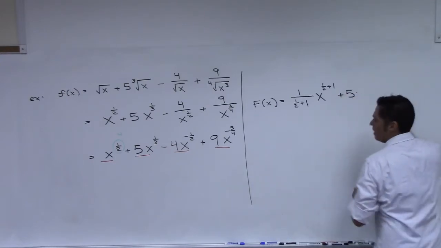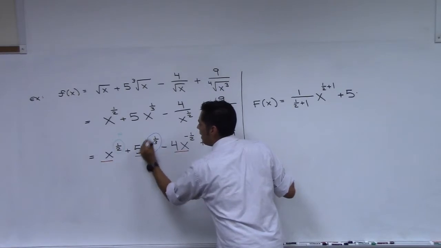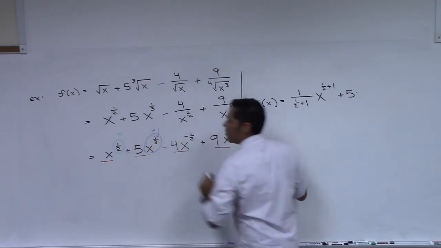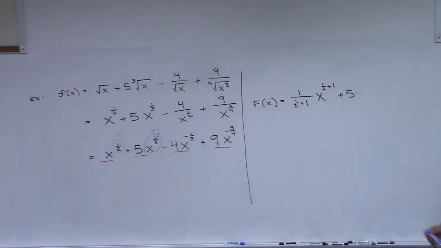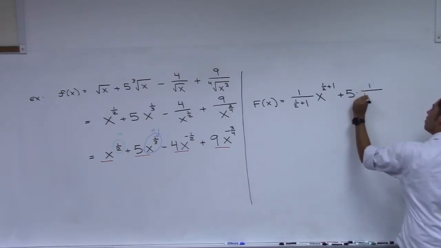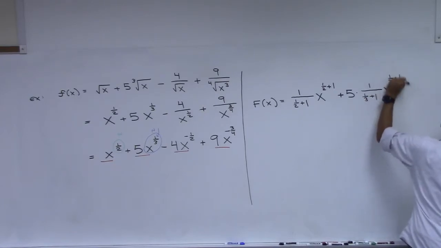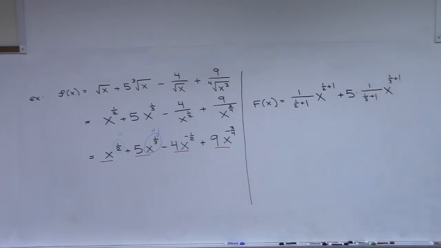And then I do the antiderivative of x to the 1/3, and now my n is 1/3, right? So I go again. Formula: 1 over 1/3 plus 1, x to the 1/3 plus 1, and I keep going. 2 more to go, right? Minus 4 is going to come along with me.